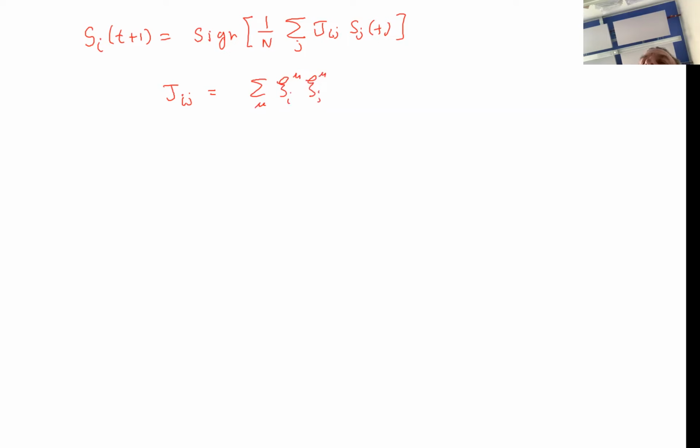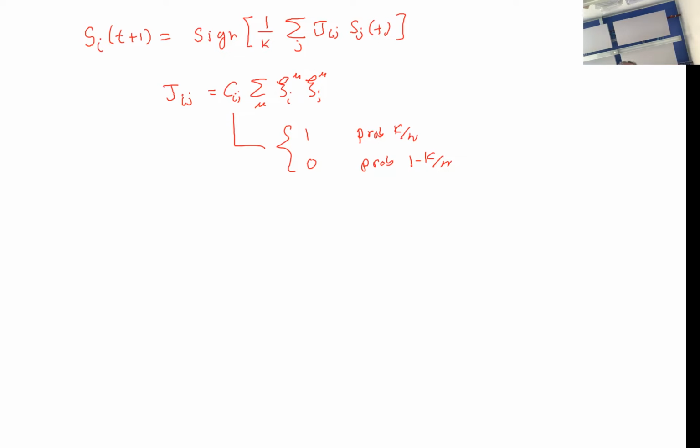But we're going to put this C_ij in front, and C_ij equals 1 with probability k over n, and 0 with probability 1 minus k over n. This prefactor doesn't matter because we're taking the sign, but it's convenient for what we'll do later. We'll put 1 over k here, because there are now k non-zero terms in the sum.